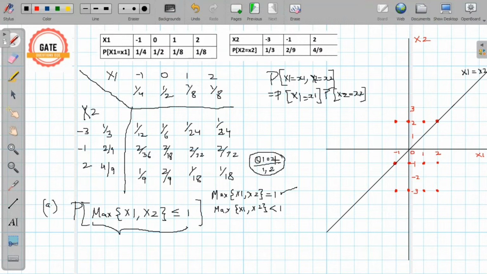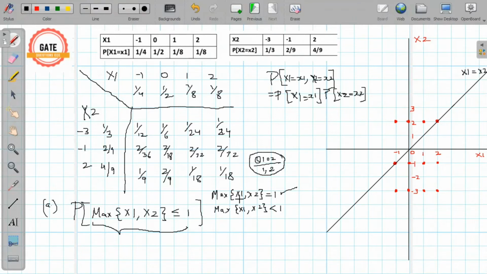We know from the discussion in this question that the region in the x1 x2 plane for maximum x1 x2 equal to 1 has the shape of an inverted L with the corner lying on the x1 equals x2 axis, where the corner is at point 1 comma 1.